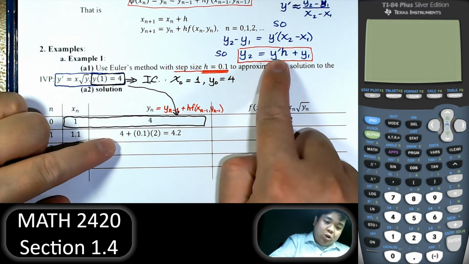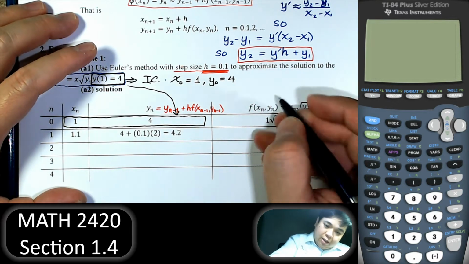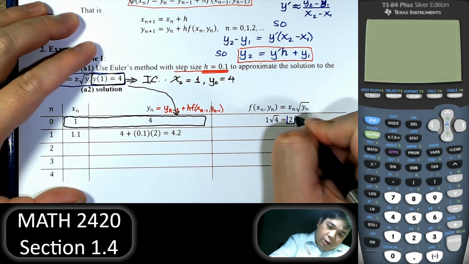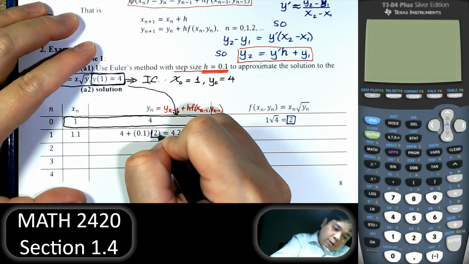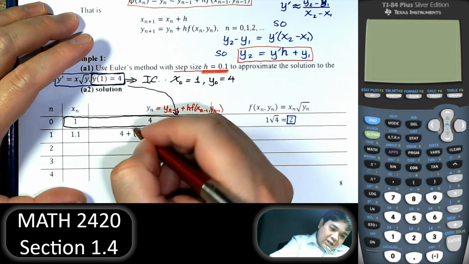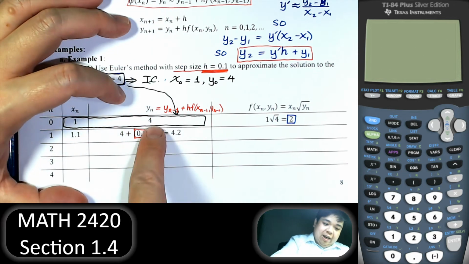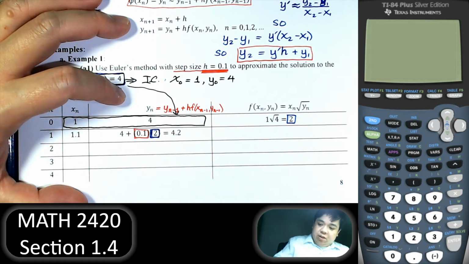Next, we take the slope, multiply by the step size, and then you go from the previous values.